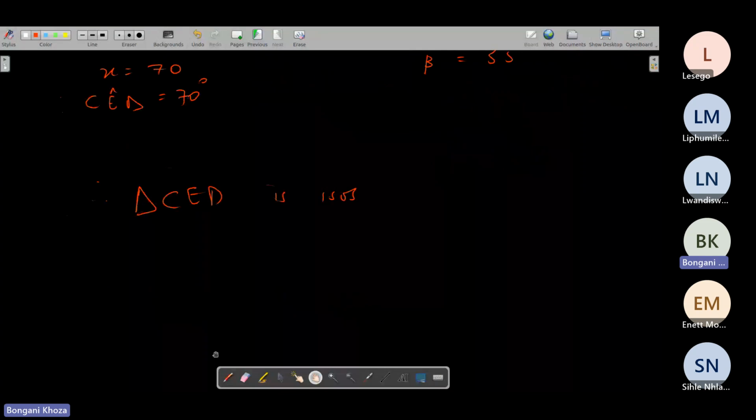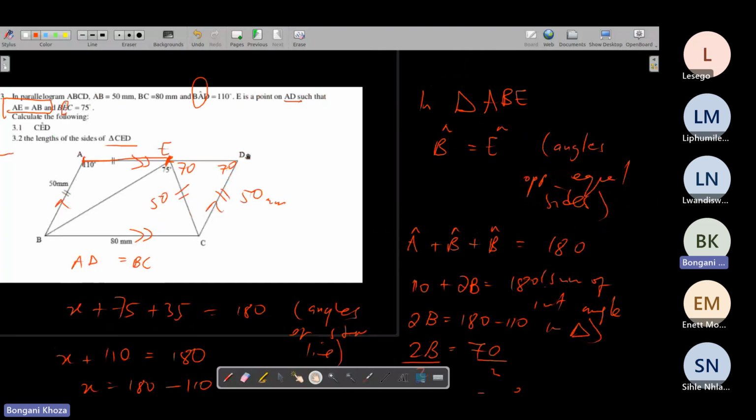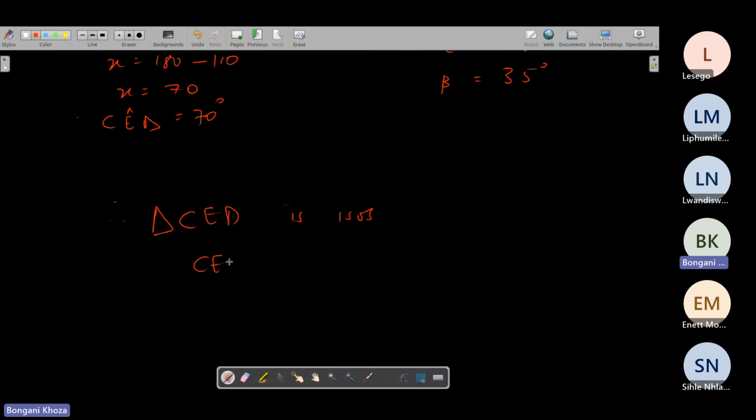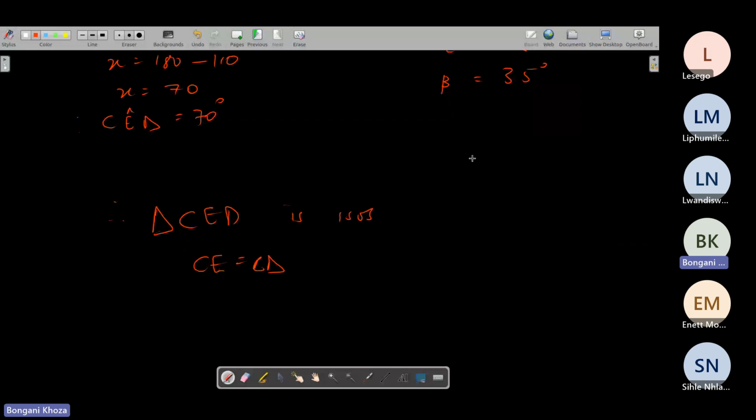So if it's an isosceles triangle, let's check our sides. We can say CD equals CE. And the reason for this is it's actually the reverse of the one we were saying, whereby if you're having equal sides that are opposite each other, you have angles that are equal.